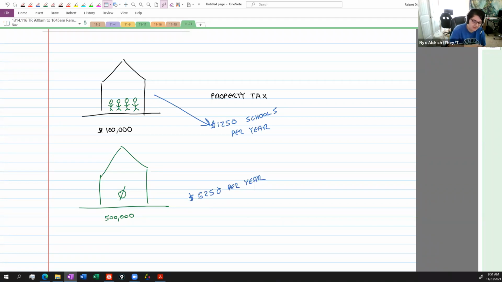It's not fair because if you're in an area which has higher value homes, you're getting more money going to the school system, but in an area with lower value homes, you're not. So the school doesn't have as much money in that lower valued area.